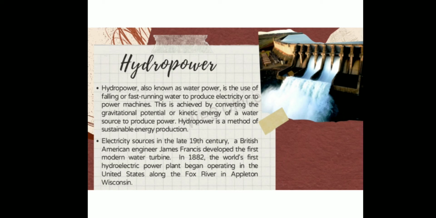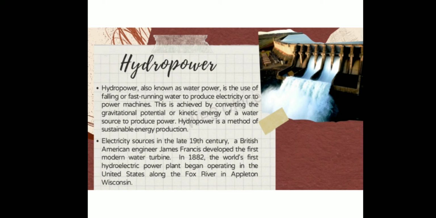Hydropower. Hydropower, also known as water power, is the use of falling or fast running water to produce electricity or to power machines. This is achieved by converting the gravitational potential or kinetic energy of a water source to produce power. Hydropower is a method of sustainable energy production.